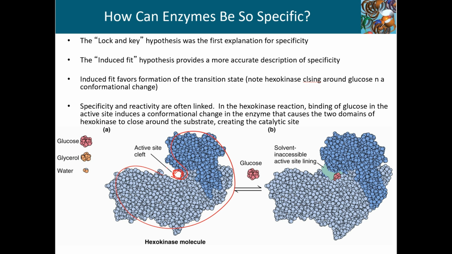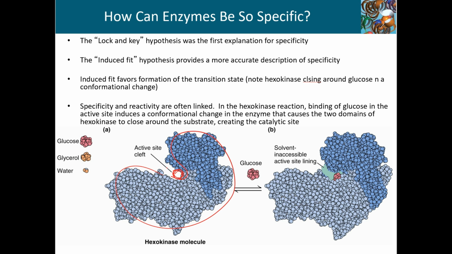And that's the beauty of the induced fit, is the two come together perfectly to drive the substrate into a conformation which mimics the transition state, and that is how we are reducing the energy of activation through physical manipulation of the structure of the substrate. That's amazingly elegant. Lock and key is wrong, induced fit is possibly also slightly wrong, but it's way less wrong than lock and key.